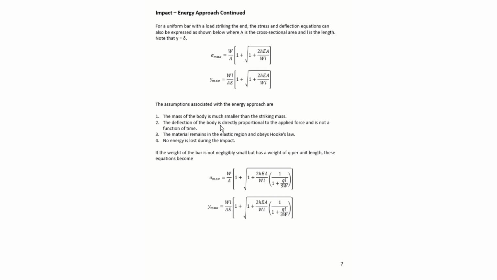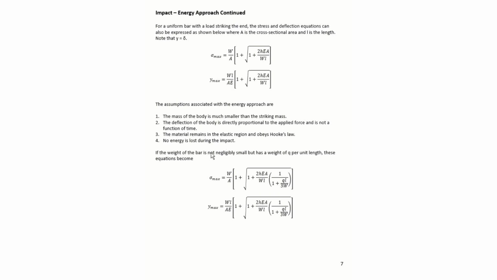The material remains in the elastic region and obeys Hooke's law, sigma equals E epsilon. And there's conservation of energy. There's no energy lost during the impact, which means there's no damping in the system that's accounted for immediately.